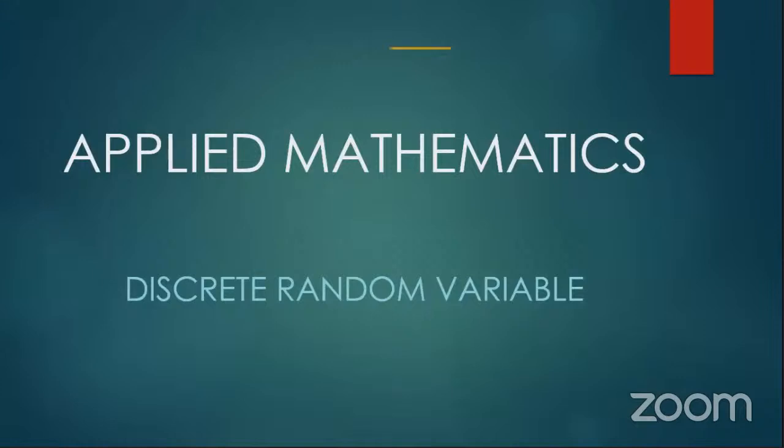In probability, we learned that it is the measure of the chance of an event occurring or not occurring. We have probability laws, there's a contingency table, and then we have different events in which these probabilities can occur. We have independent events and mutually exclusive events, where they do not occur together.